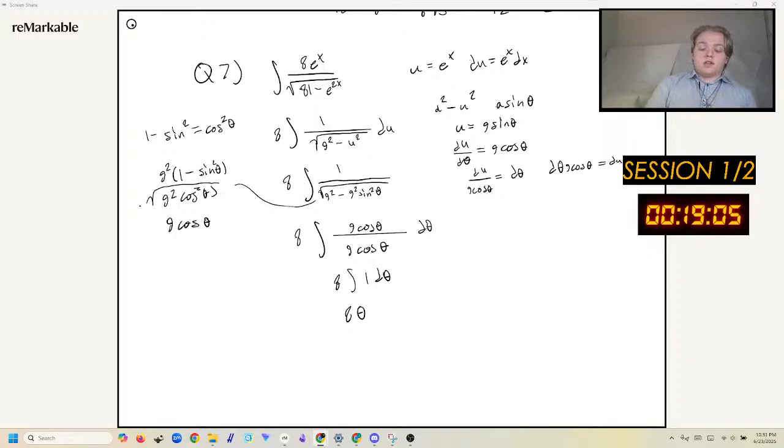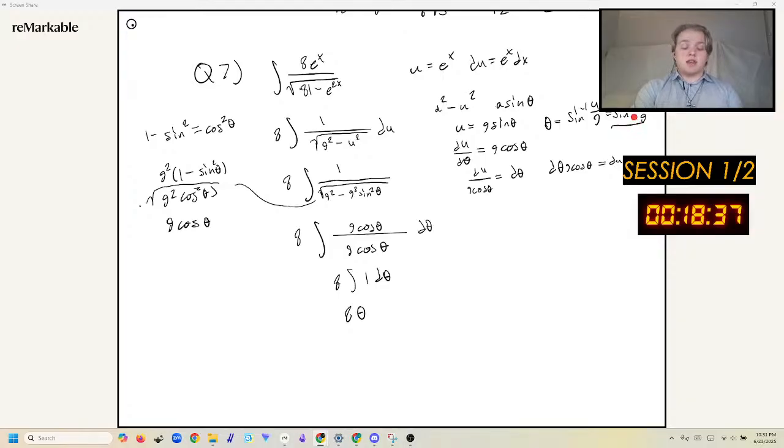But what does theta equal? Right, so going back up here, theta is equal to the inverse sine of u over 9. And what does u equal? E to the x. So it's equal to the inverse sine of e to the x over 9, right?